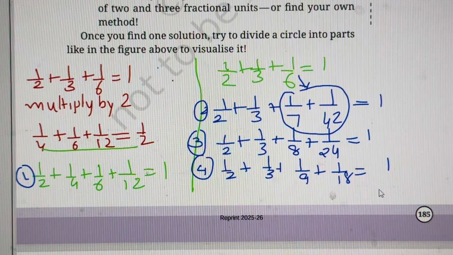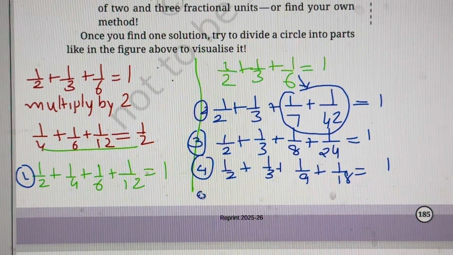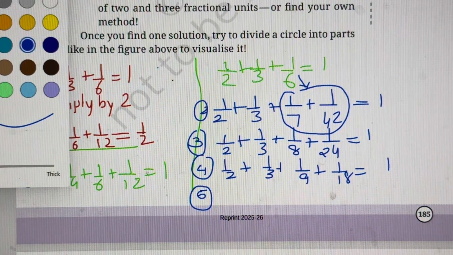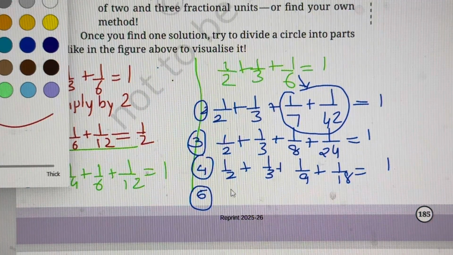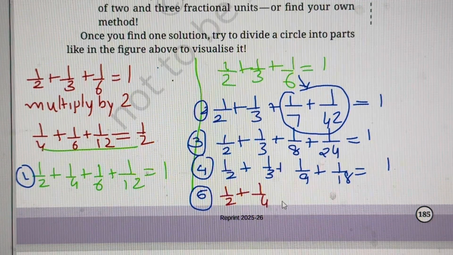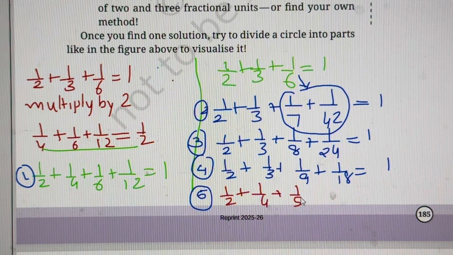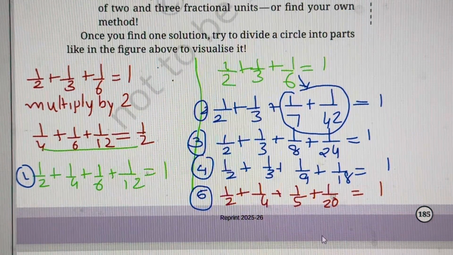This also gives you 1 whole. Then the fifth solution is, let me change the color so that it's easy for you, 1 upon 2 plus 1 upon 4, where 1 upon 4 is replaced by 1 upon 5 plus 1 upon 20. This gives you 1 whole.